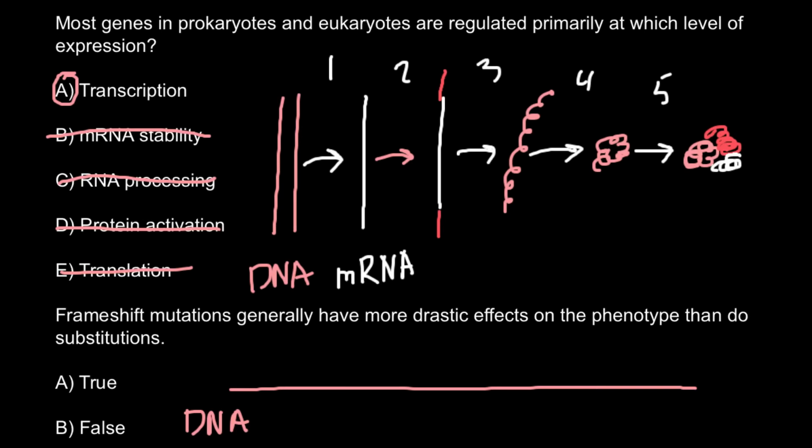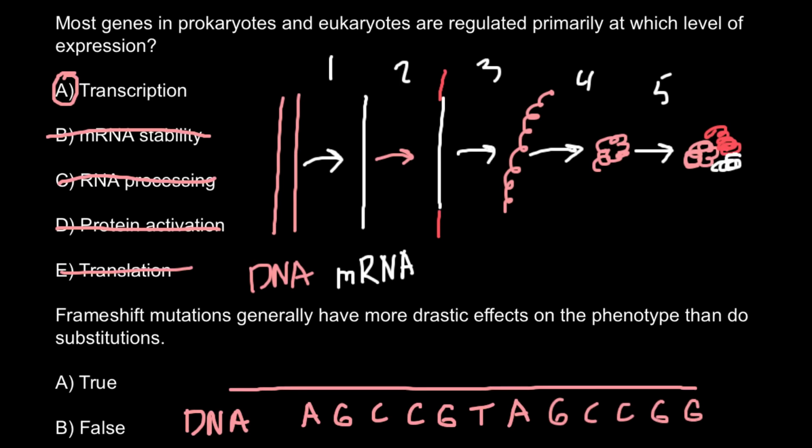So on the DNA here we would have different bases, for example adenine, guanine, cytosine, guanine, thymine, adenine, guanine, cytosine, guanine, and guanine.